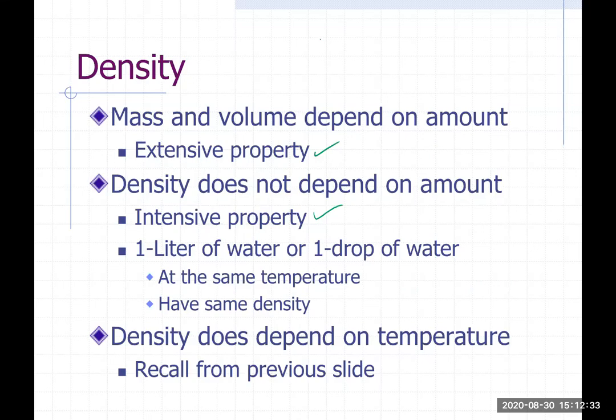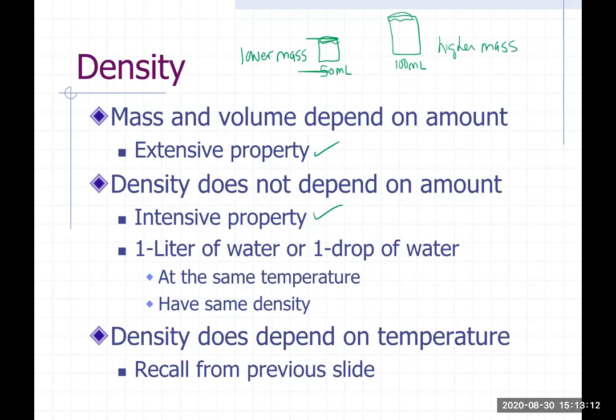So for example, if I have a 50 ml beaker and another beaker that is a 100 ml beaker, and I fill both of them to the rim with water, clearly this beaker is going to have a higher mass compared to this beaker, which would have a relatively lower mass. And so the amount, the mass, and the volume are dependent.